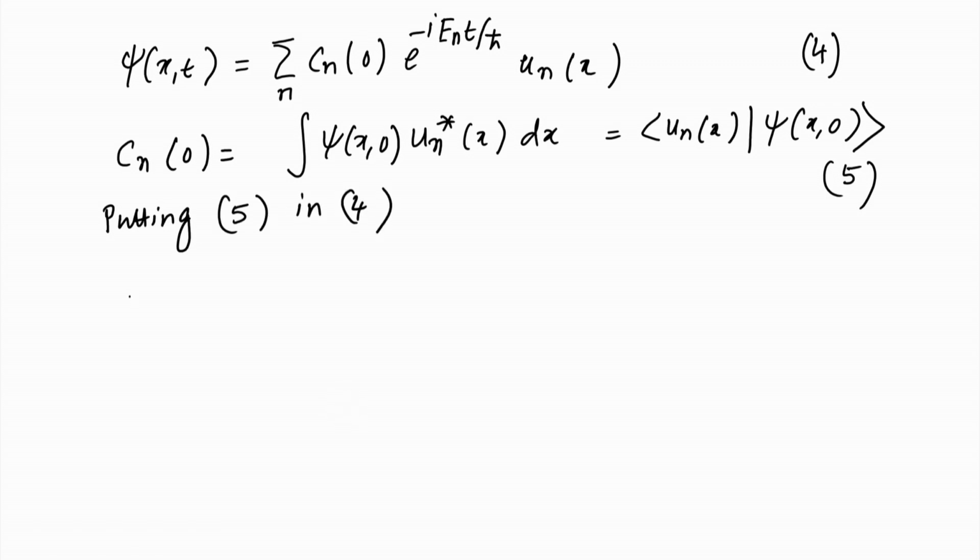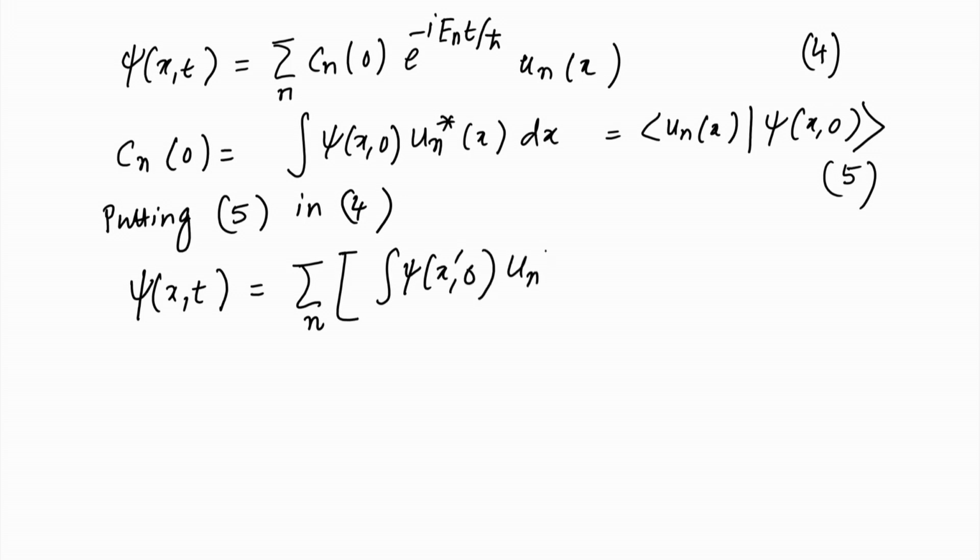then my psi of x t is equal to sum over n, and then I have psi of x prime 0 and u n star of x prime d x prime, this into exponential minus i E n t by h cross and u n of x.